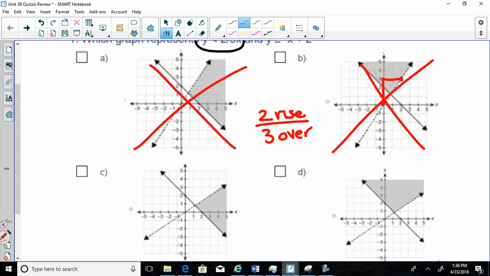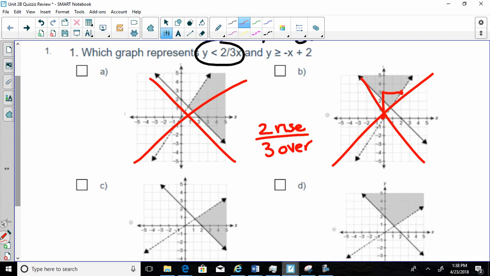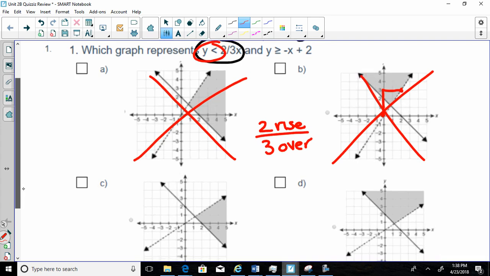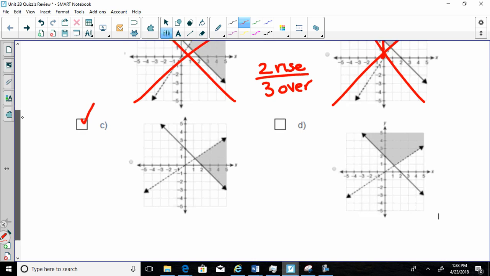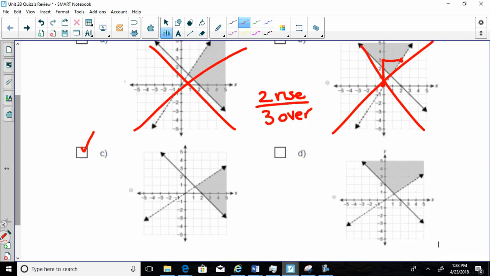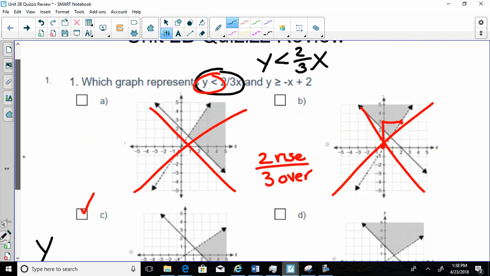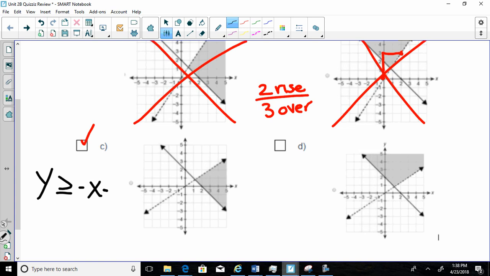Now, should I shade above or below? Right below, because y is not being equal. So which one has shading below the dotted line? C. So automatically you know C is the answer. If you look at the other one, just so we can go over it, remember, don't waste time if you don't need to. It's y is greater than or equal to negative x plus 2.